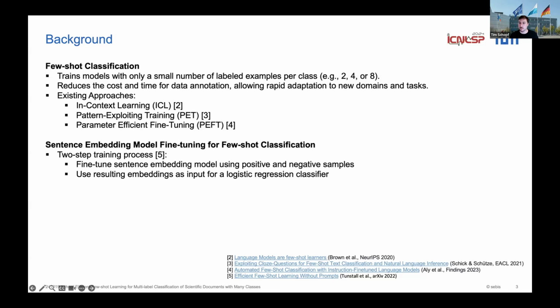In the first step, a sentence embedding model is fine-tuned in a contrastive manner by sampling positive and negative sentence pairs from few-shot labeled examples. And then in the second step, the fine-tuned sentence embedding model is frozen to encode the few-shot examples, and the resulting embeddings are then used as input features to train a simple logistic regression classifier as the model head.